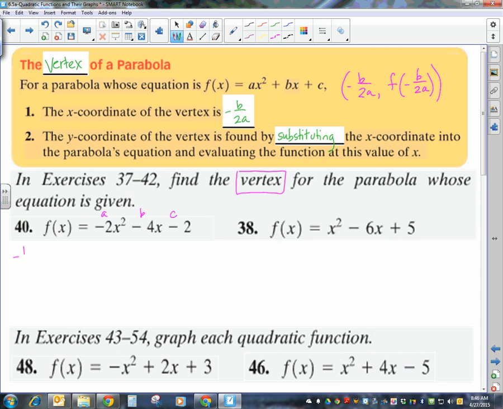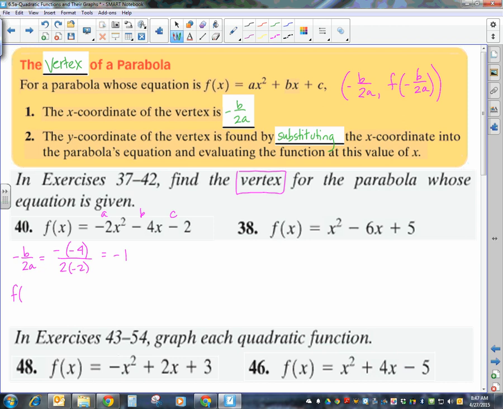So negative B over 2A is going to be negative. Remember, I asked you to always put parentheses around a negative number when you're plugging it in, over 2 times negative 2. Okay, so we have 4 on the top and 4 on the bottom, and I have 3 negatives. So whether you can see that or need to punch it in your calculator, it's negative 1.